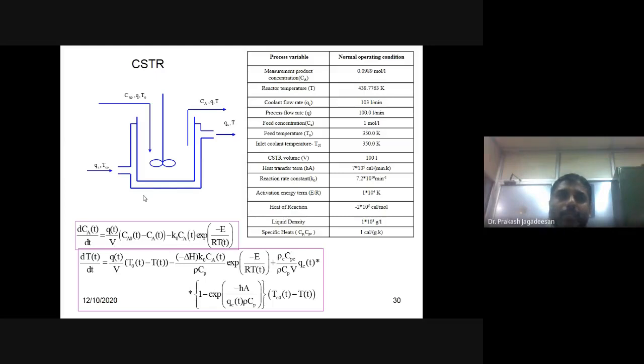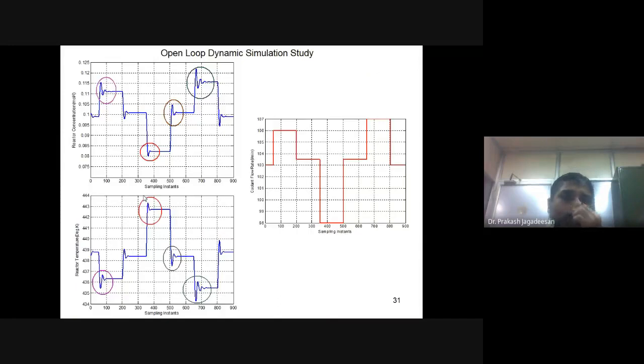So we want to build a relationship between this T and QC. We want to build a relationship between QC and CA. So there is one input. And so by changing the input, in order to build a model, we have to conduct tests on the setup, or you have to simulate the model.